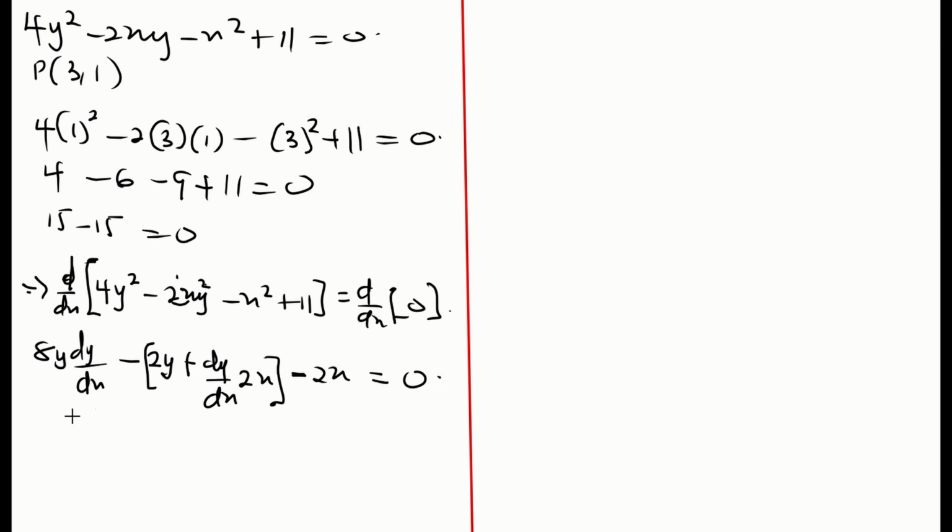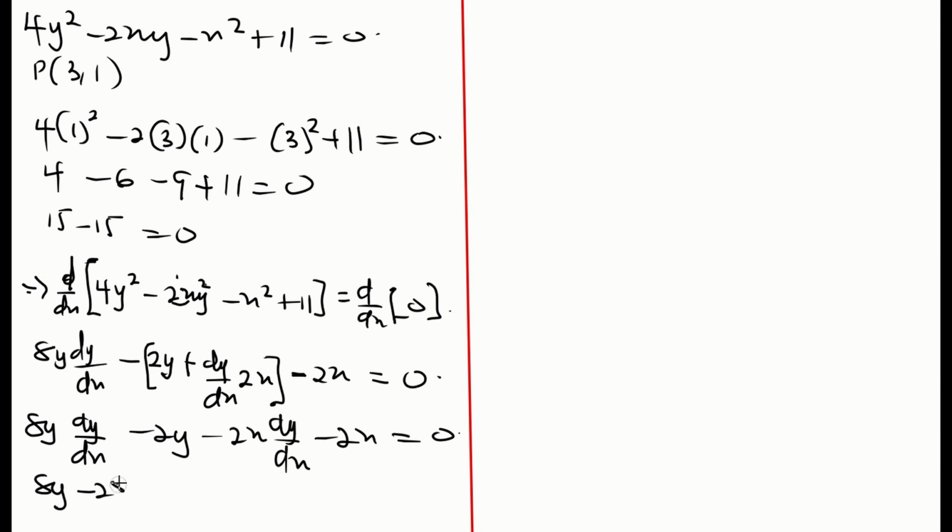Then we now expand this bracket. We have 8y dy/dx minus 2y minus 2x dy/dx minus 2x as well over here, which is 0. We now put the terms that contain the dy/dx together. Then this is going to give me 8y minus 2x, all into bracket, dy/dx.